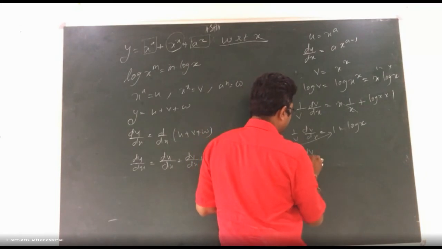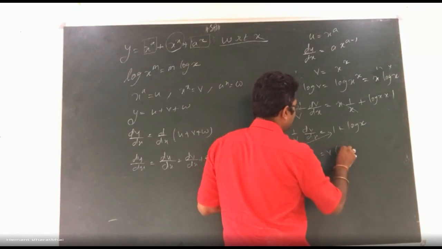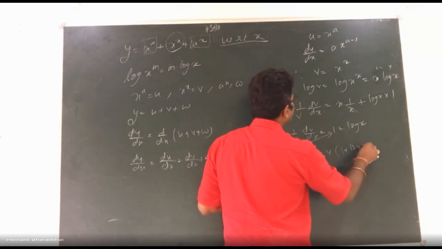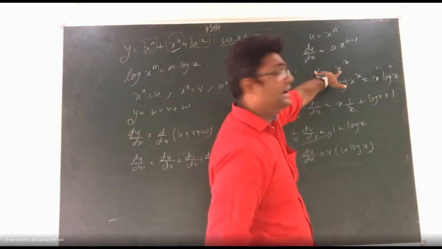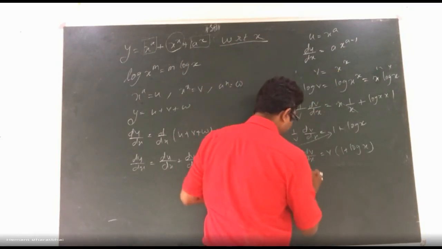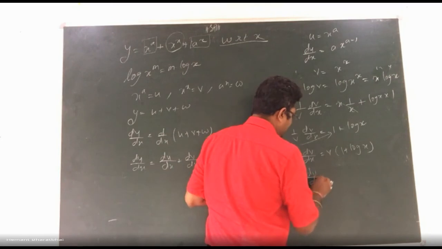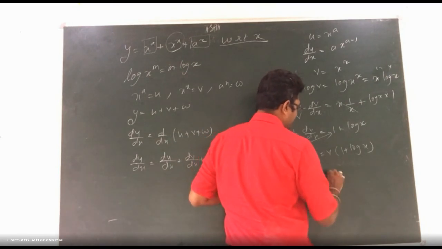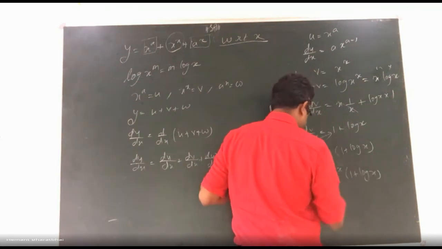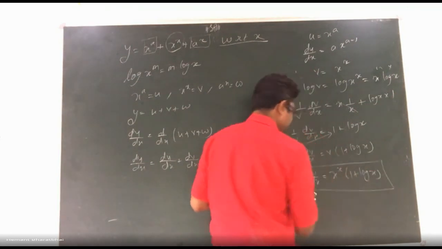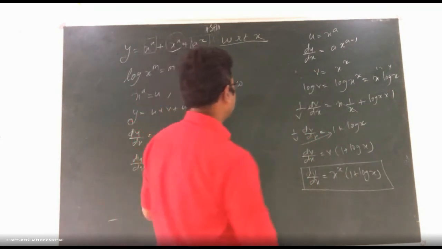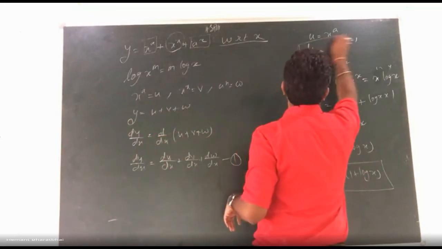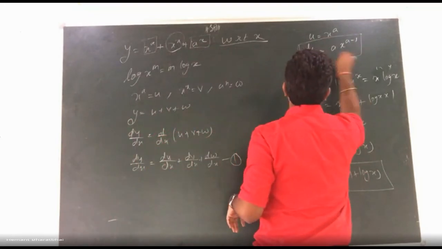Therefore, I'll get dv by dx is equal to v into 1 plus log of x. And what is the value of v? x raised to x. So I can write dv by dx is equal to x raised to x into 1 plus log of x. So I got the value of dv by dx also.